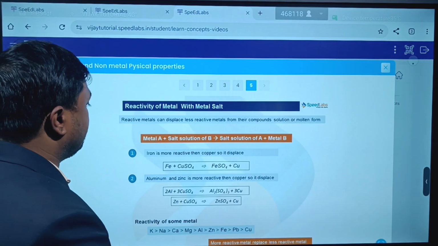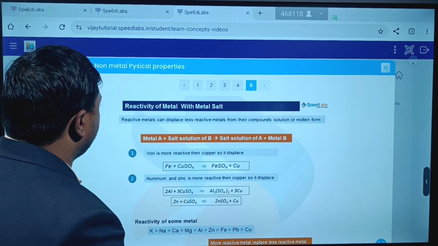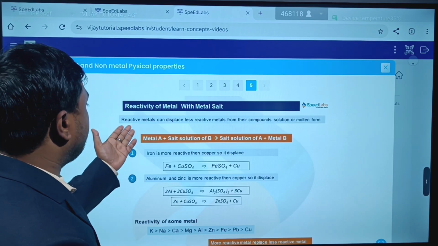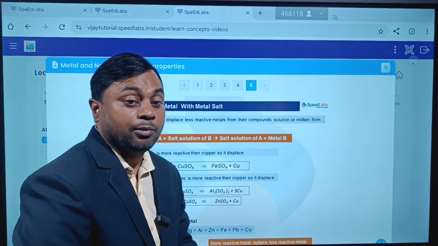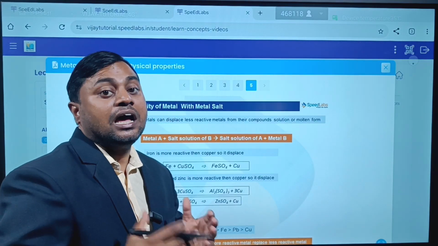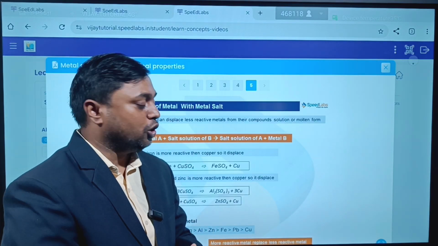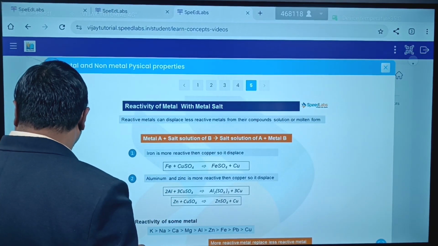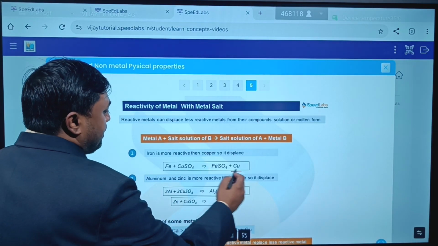So, reactivity of metals with a metal salt. More reactive metals can displace less reactive metals from their salt solution. For example, iron reacts with copper sulfate, it gives iron sulfate plus copper.